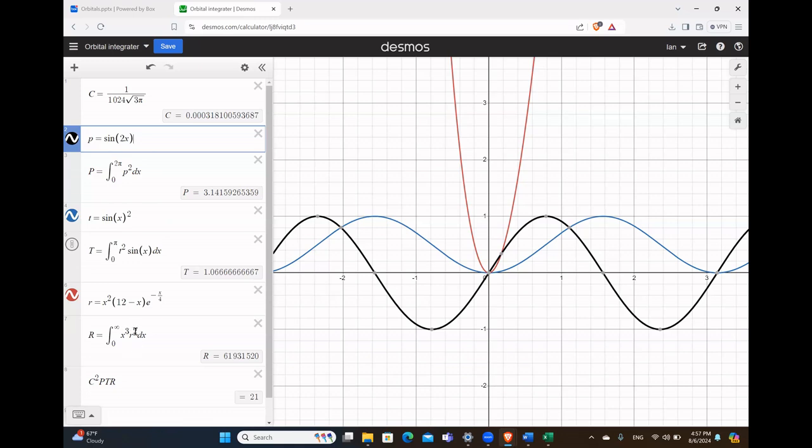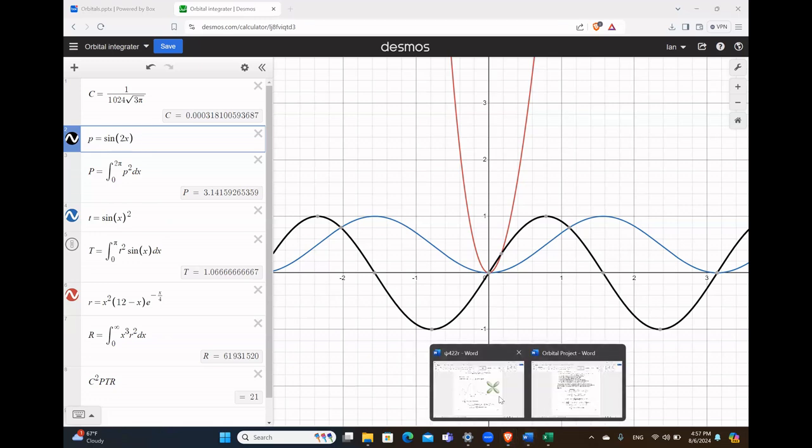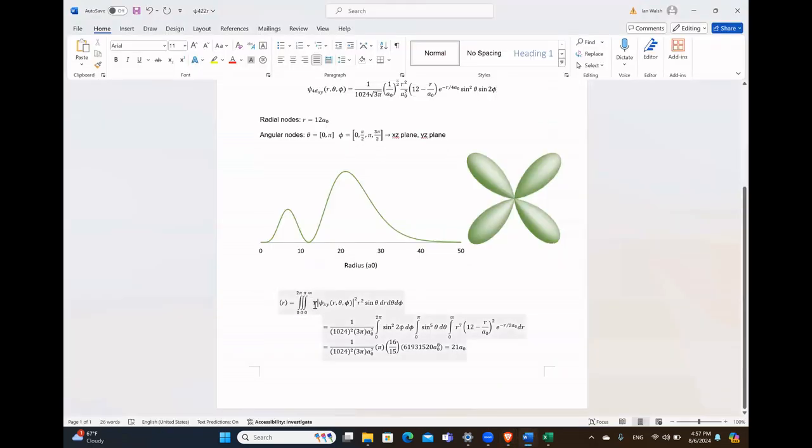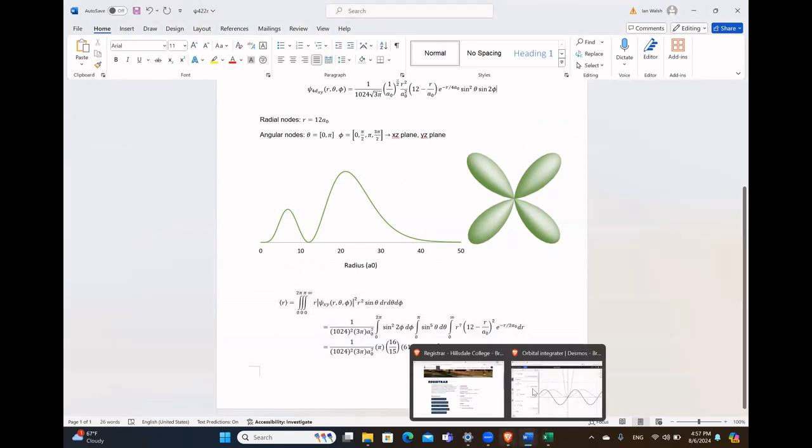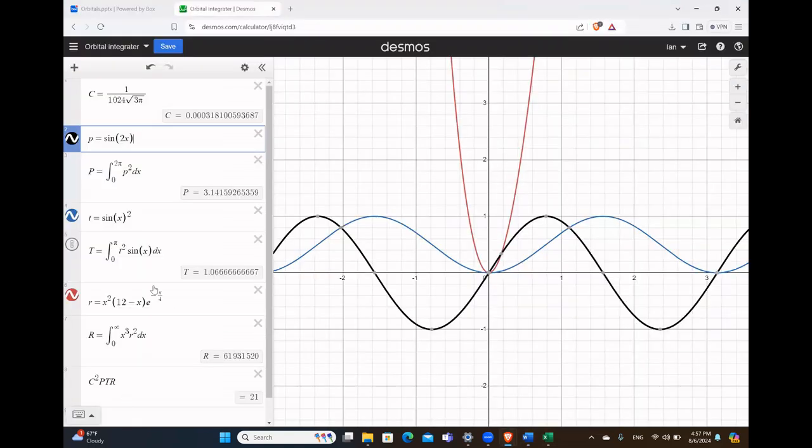This x cubed here comes from, remember, we have an x coming from this here. We're trying to find the average position, this average R, and then the other R squared comes from the bounds of integration. And so in doing that, I came up with three things. I didn't have to do any integrals myself. I got these numbers, multiplied them all together. I got 21. And that is 21 A naught.